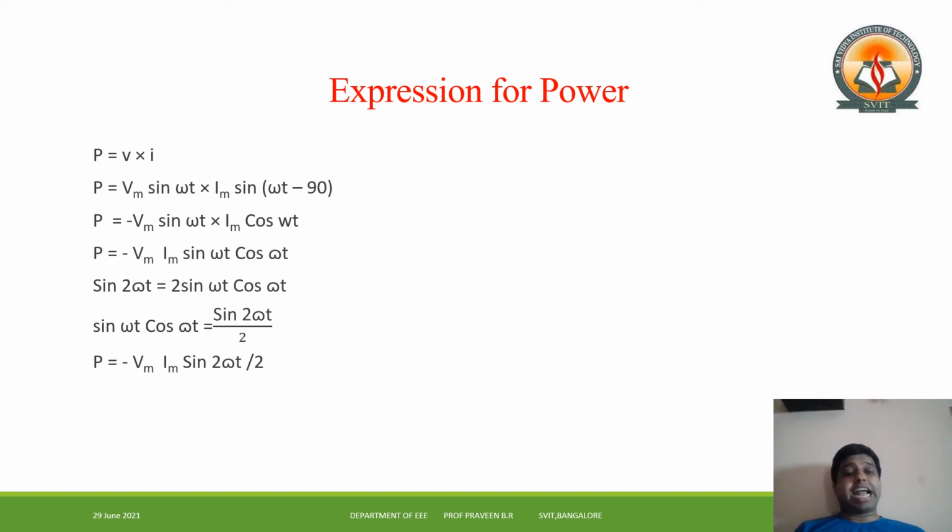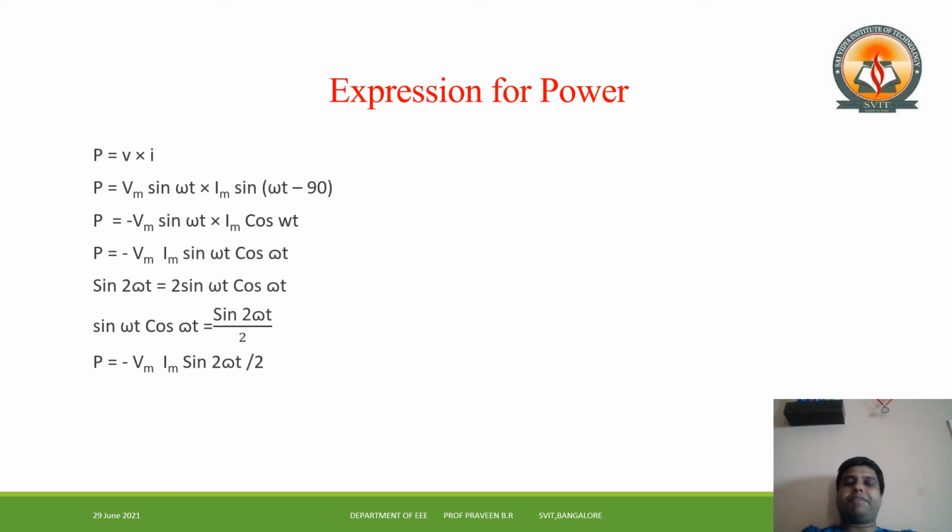This is called the expression for instantaneous power. To obtain average power, I integrate on both the sides. Integration of instantaneous power is average power. Minus Vm Im divided by 2 is a constant. Integration of sin 2 omega t is -cos 2 omega t divided by 2.